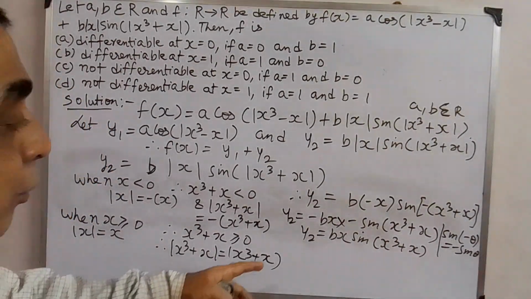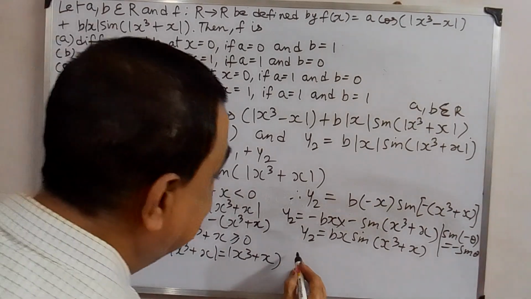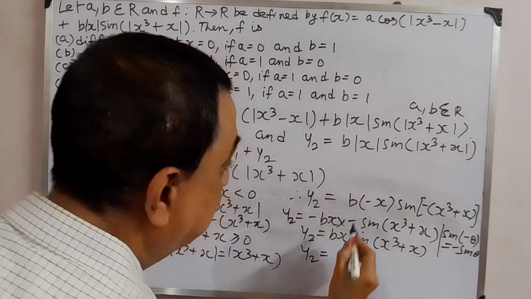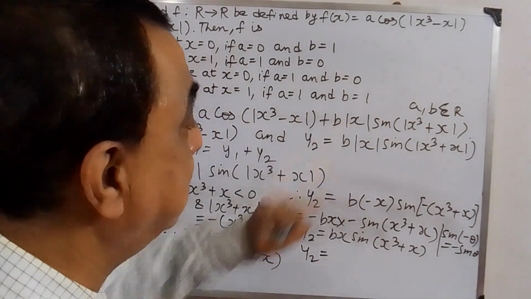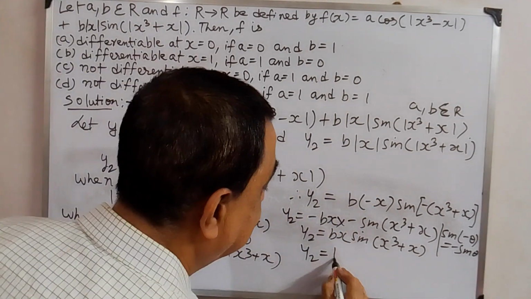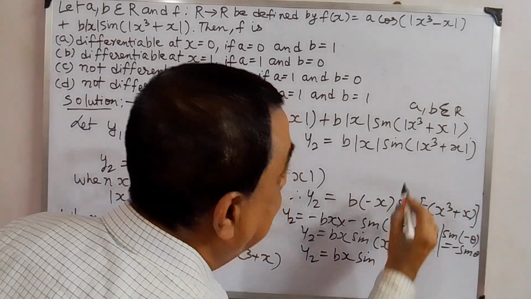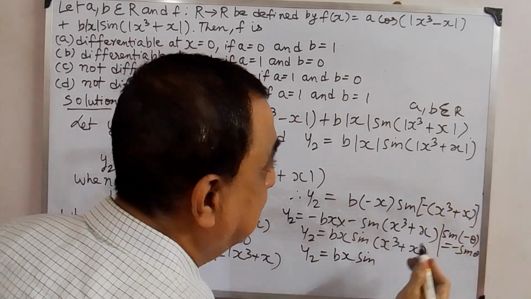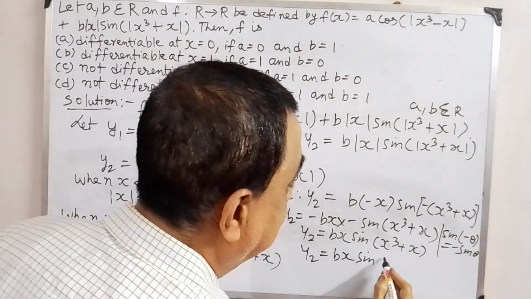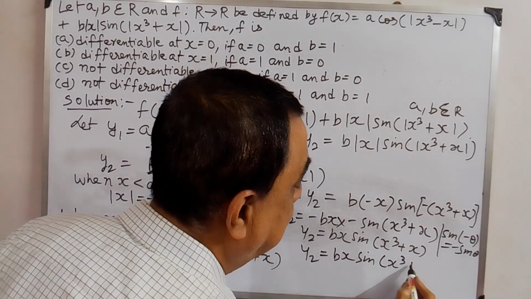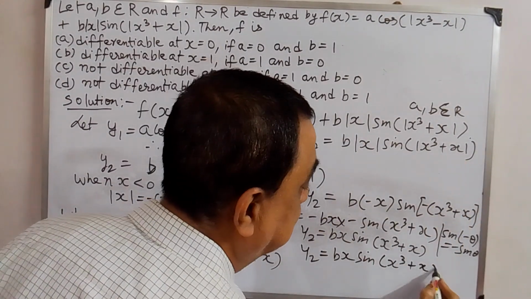So y2 will be bx into sine of x cube plus x, because this is a positive number.